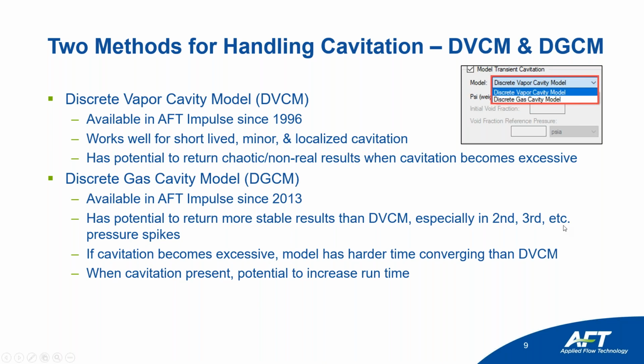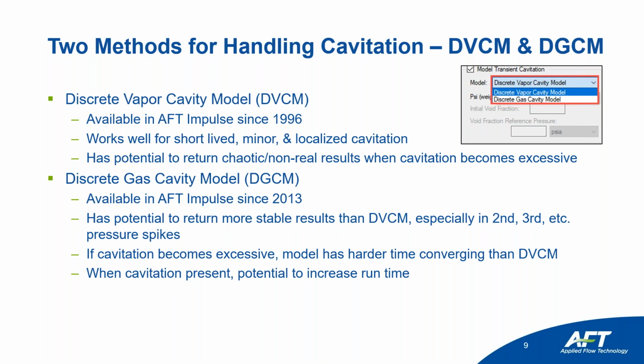The discrete gas cavity model does a better job and has more stable results than the discrete vapor cavity model, especially when you start looking at the second and third and later pressure spikes in your model. But the same thing, though, is if you start to cavitate a lot and you're using the discrete gas cavity model, it still has the possibility of predicting non-realistic spikes after you've been cavitating for a long time.